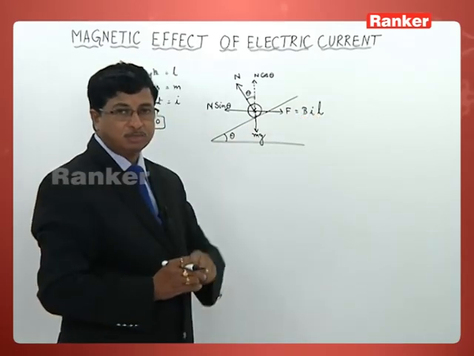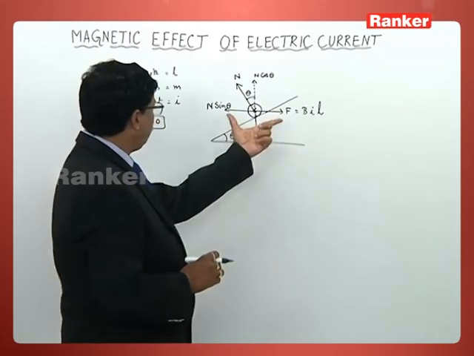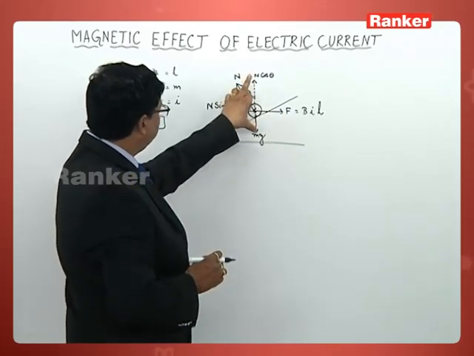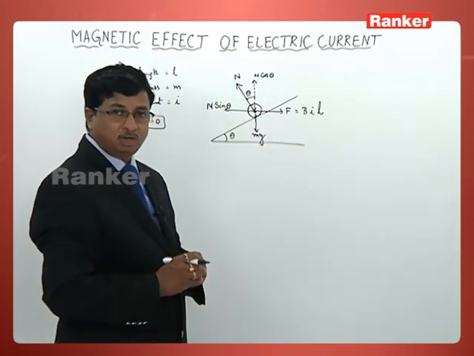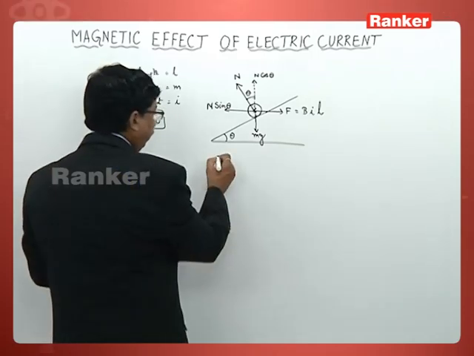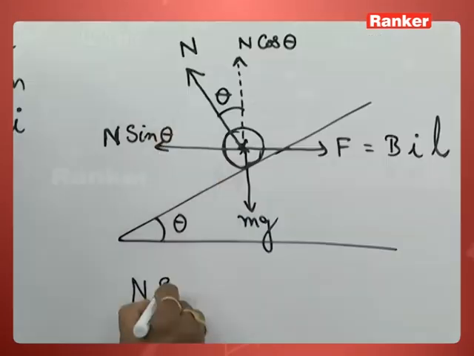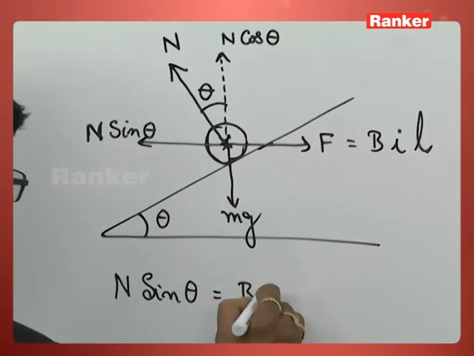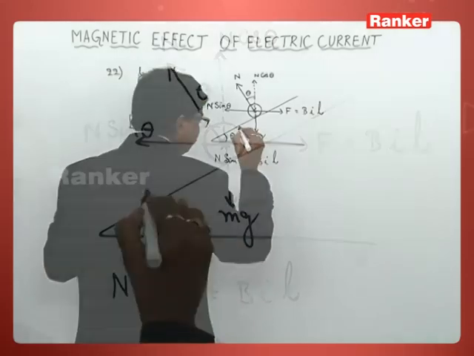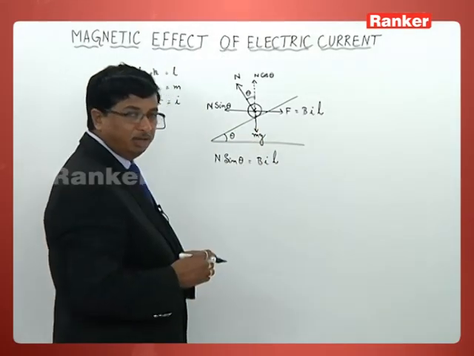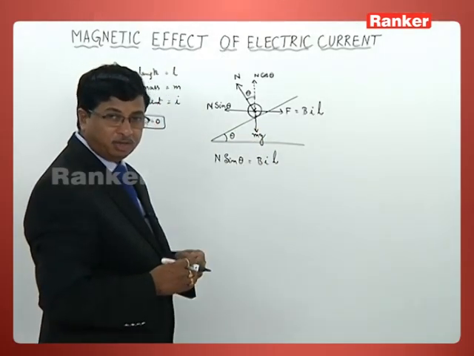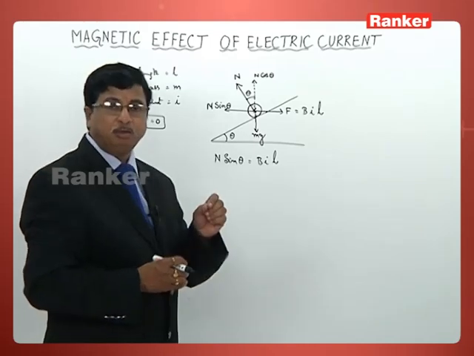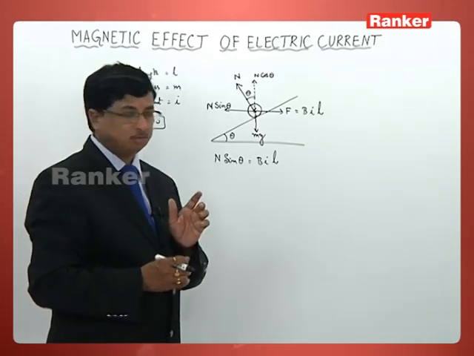That is the concept. Now these two are supposed to be equal, and these two are supposed to be equal. So what can I write now directly? N sin theta, from this figure, must be equal to BIL, where B is the magnetic field applied, I is the current passing through the conductor, and L is its length.